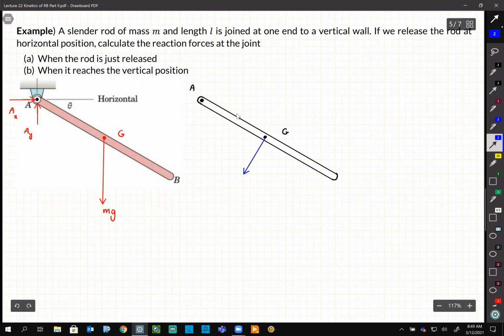One is A bar T and one is A bar N. So this is A bar T, and this is A bar N. Okay? And also we know this thing has an alpha. So that is our force diagram and our kinetic diagram.